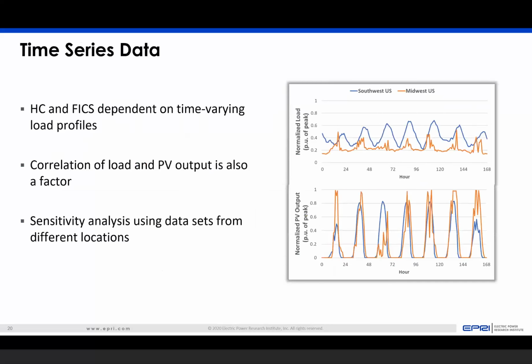So as Kelsey and Stephen have mentioned, the coupling of hosting capacity and the time-varying nature of hosting capacity is a very important component of the flexibility that exists at a particular node within the system. The correlation of load and PV, in this case we were looking at PV alone for our DER, is a key factor. So highly correlated load and output can have a significant impact on flexibility.